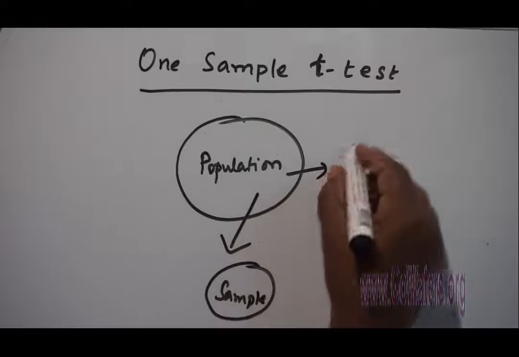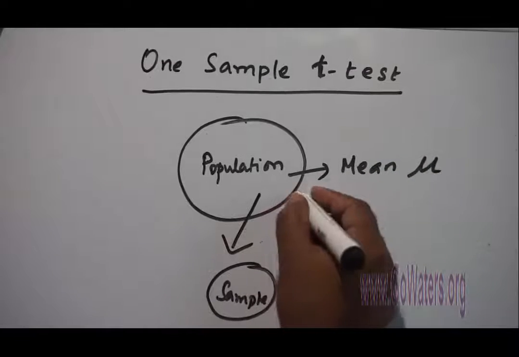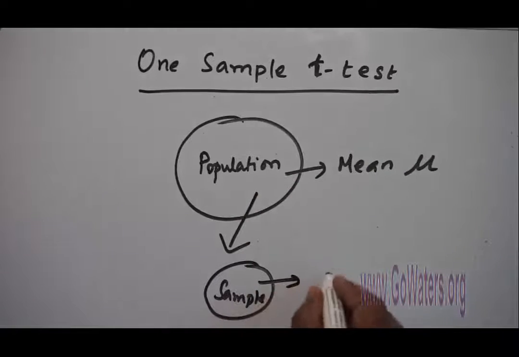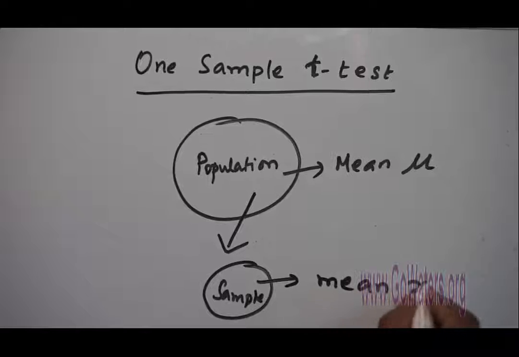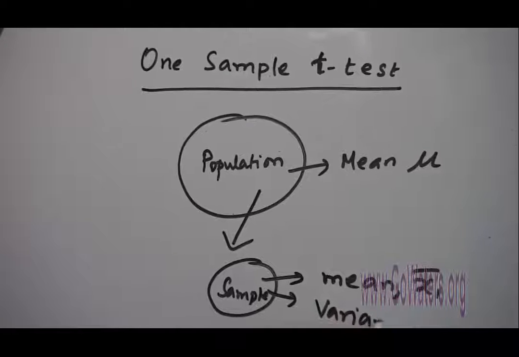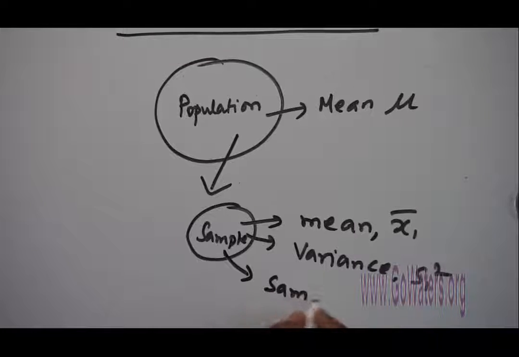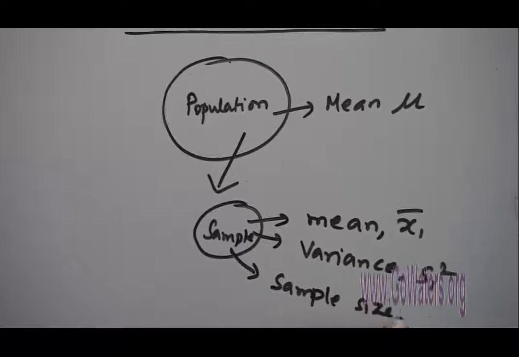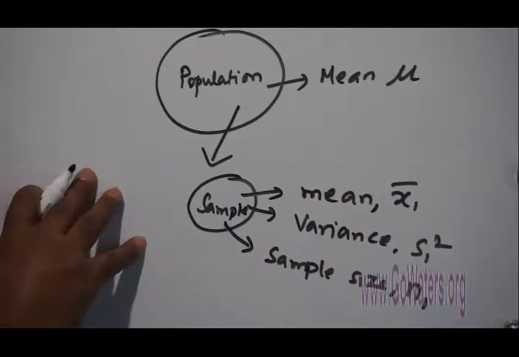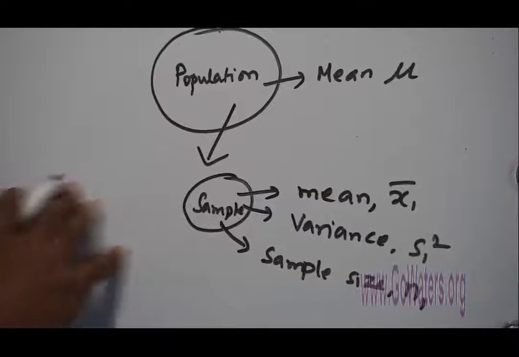This population has a mean, a mu, and from this population, you're selecting a sample, and the sample has a mean, that is x1 bar, and it has a variance that is s1 square, and it has a sample size which is n1.